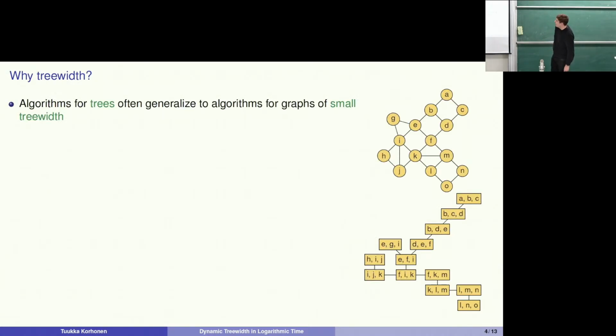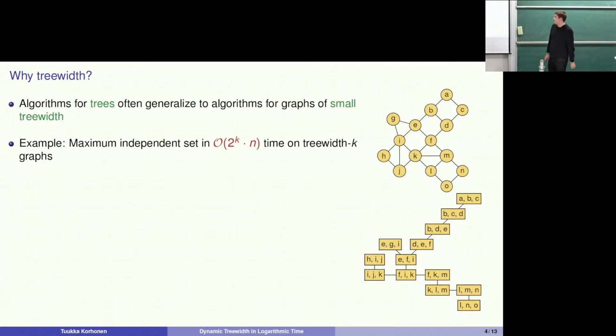Yeah, and why do we care about treewidth? Well, we care about treewidth for many reasons in both algorithms and graph theory. But the main gist is maybe that the algorithms for trees, or any graph theoretical results also for trees, often generalize to algorithms for graphs of small treewidth.